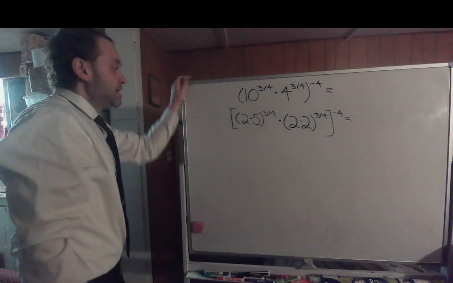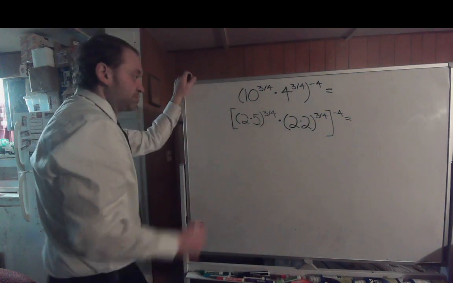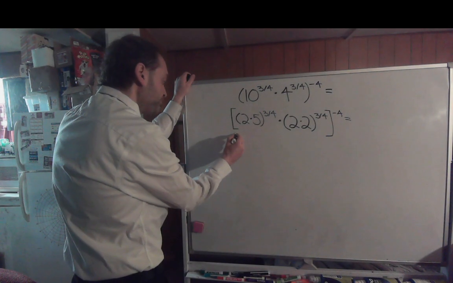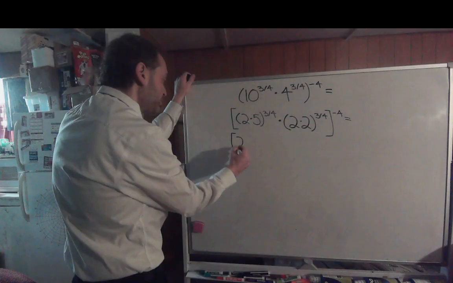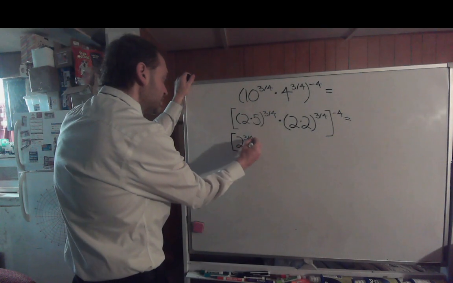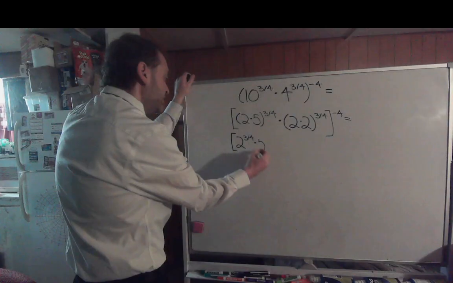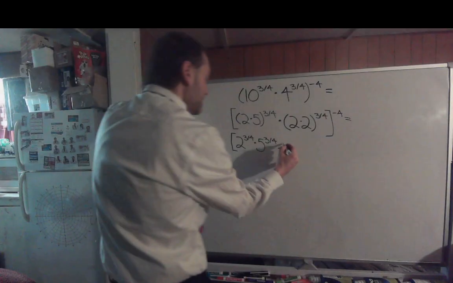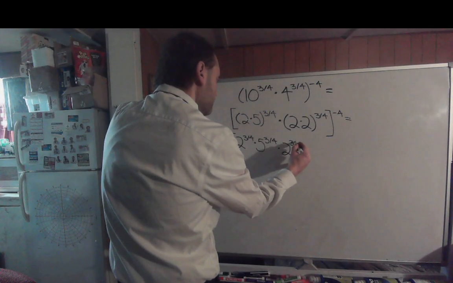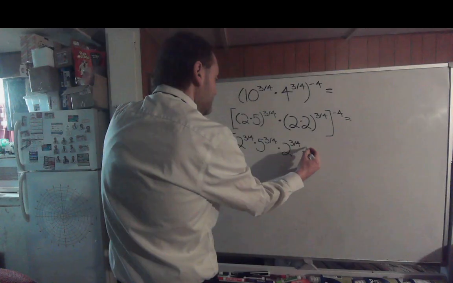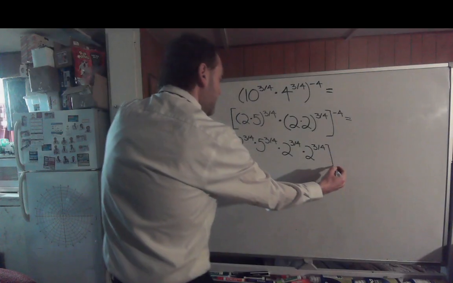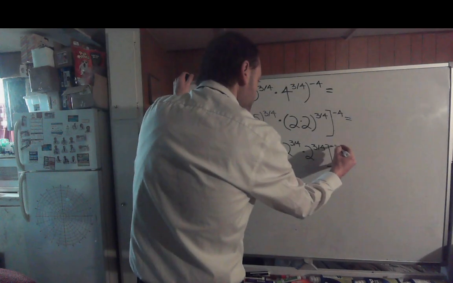Okay. Now let's use the properties of exponents here. You would end up literally getting 2 to the 3/4 times 5 to the 3/4 times yet another 2 to the 3/4 times yet another 2 to the 3/4, all that raised to the -4th power.